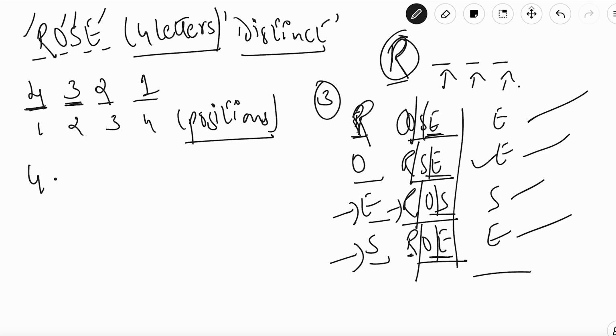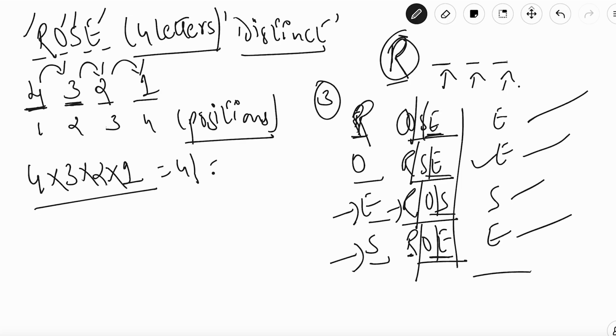And again, we have 4, 3, 2, 1. As you can see, these steps are basically sequential. They are dependent on one another. Once I select for position 1, then I select for position 2, then for position 3, then for position 4. So there is a dependency of sequence. So it's multiplication.